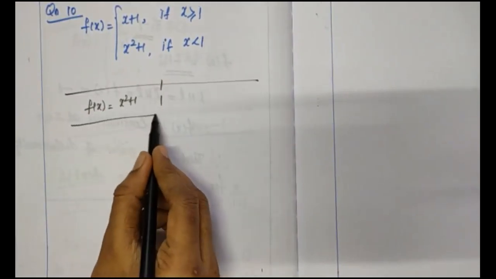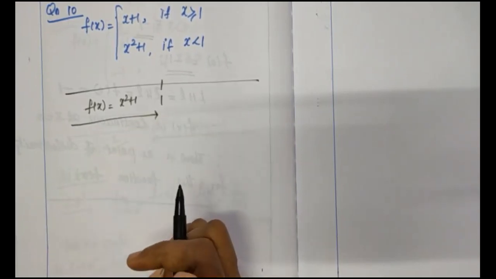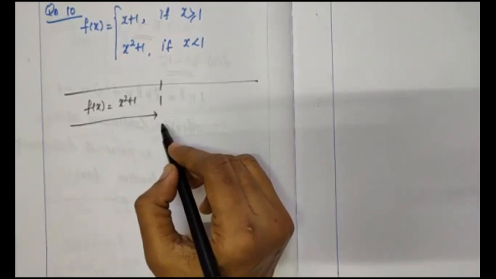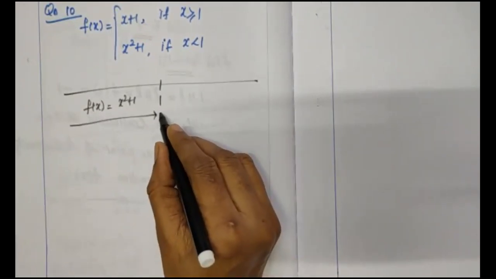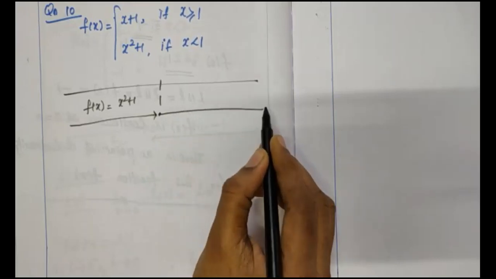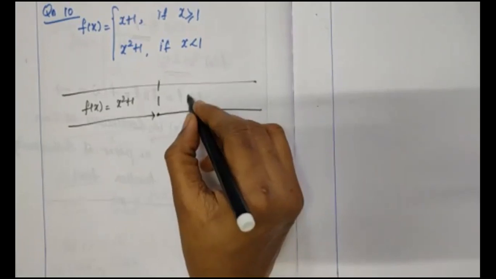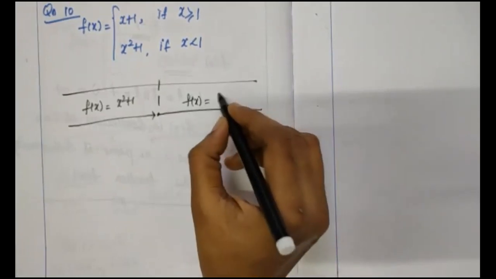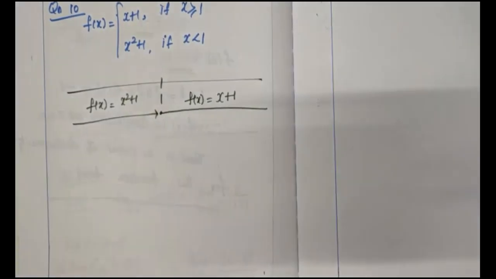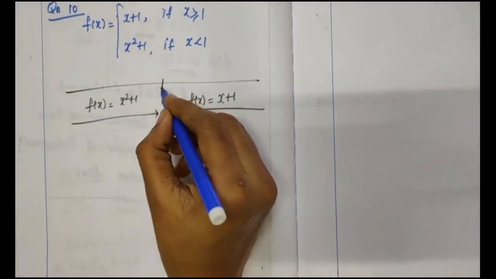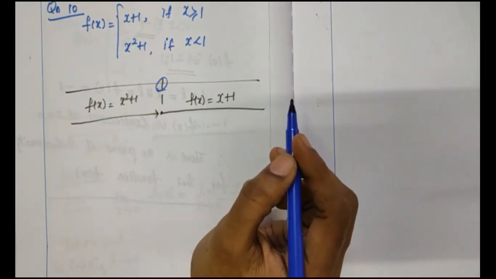So it has not reached 1, only up to the left of 1. And at x equal to 1 and the right side of 1, f of x is equal to x plus 1. So the function is defined at this point 1, so it is enough to check continuity at the point 1.